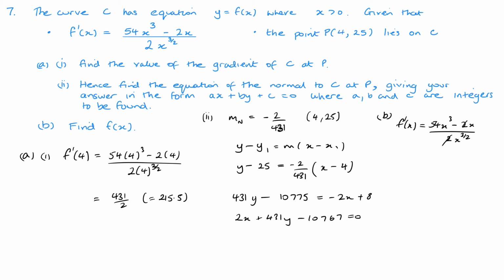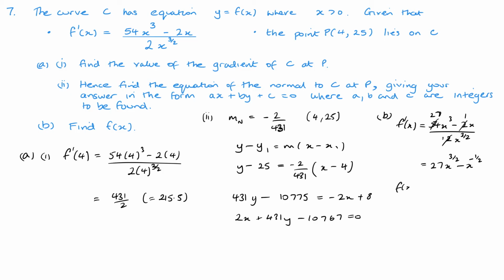So cancel the 2, become 1, and that will become 27. I can then divide by the 3 over 2, so I get 27x to the 3 over 2 minus x to the minus 1/2.